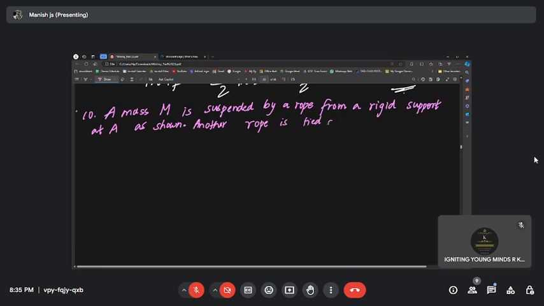Another rope is tied and pulled with a force F. Okay.